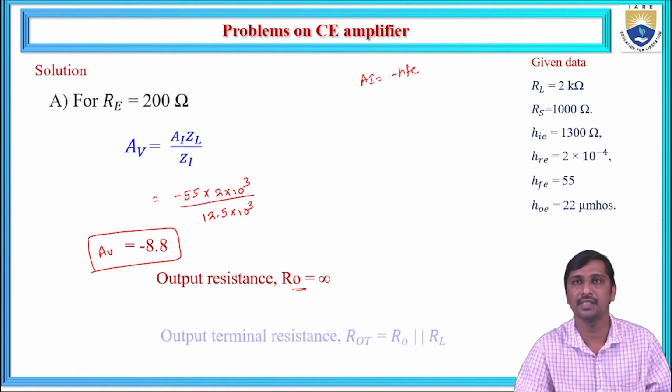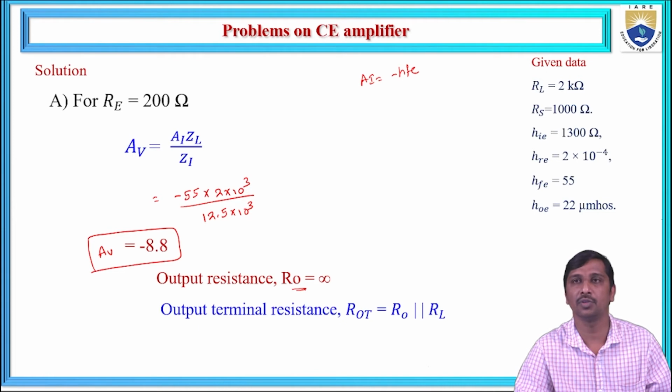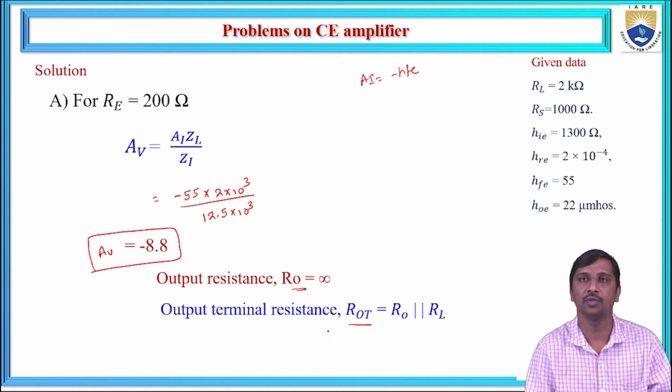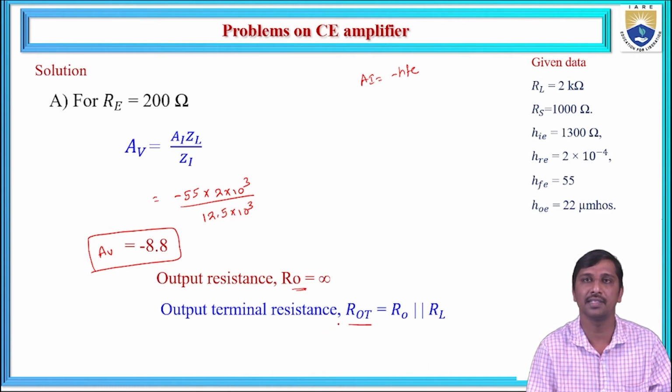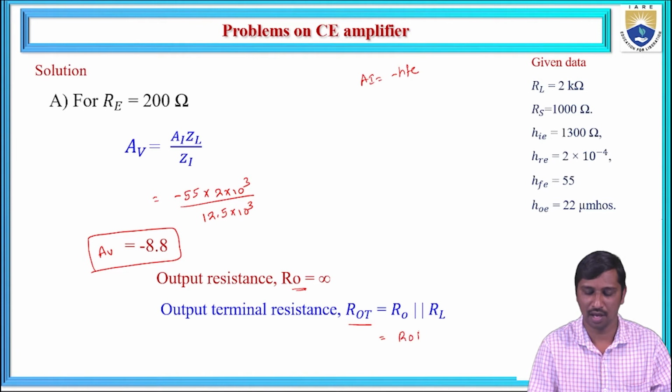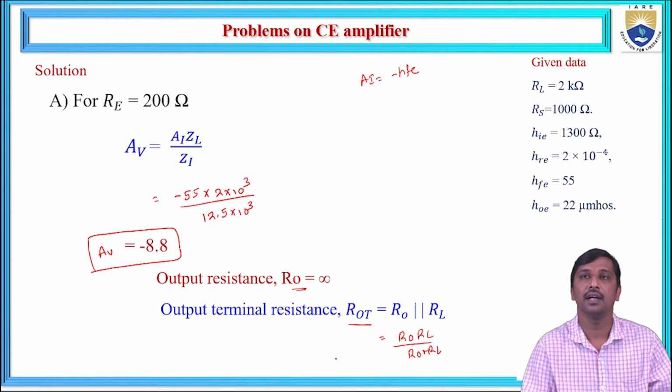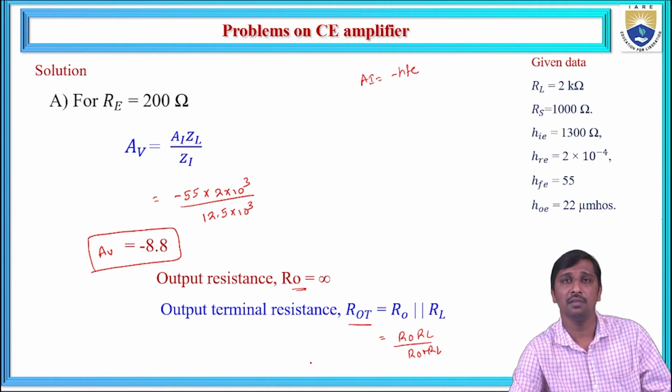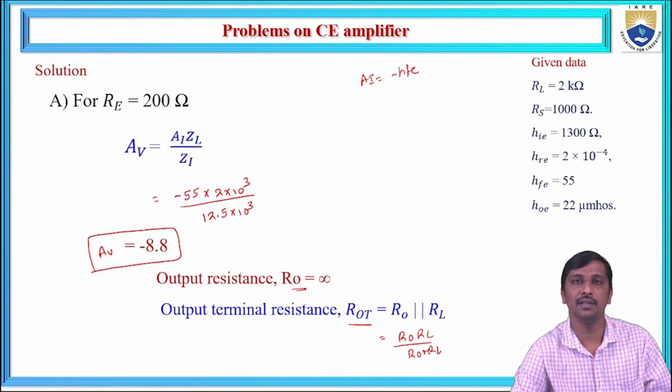But based on the load resistance, we need to calculate the total output resistance, that is ROT, represented as the total or terminal resistance, which is the parallel combination of output resistance and RL. Here it is represented as R0 into RL by R0 plus RL. Generally, when two unequal resistances are in parallel, the total parallel resistance is approximately equal to the smaller resistance.